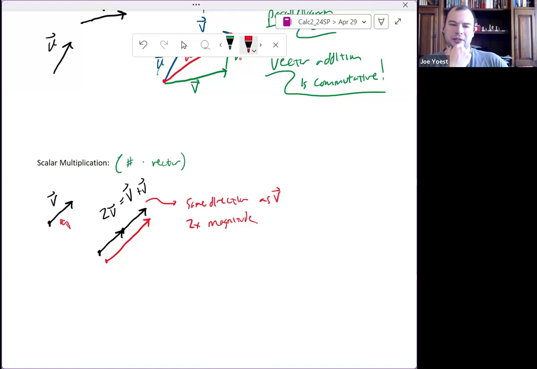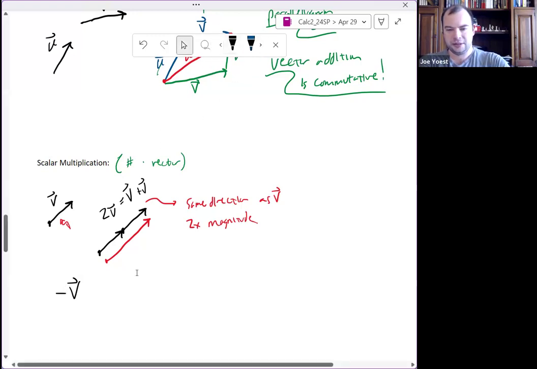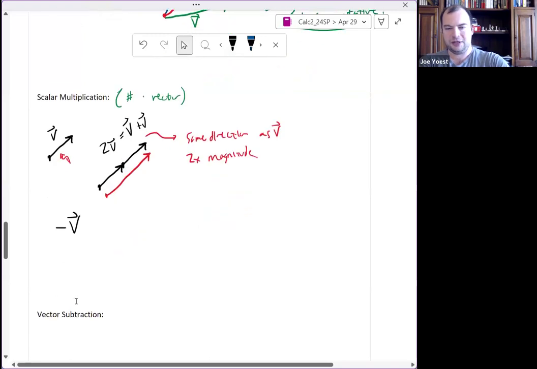Okay, what about negative V? We might be jumping the gun a little bit if we wanted to be very strict about how we go through and create all of these new ideas, but we're going to jump forwards a little bit here and just say what negative V is going to be.